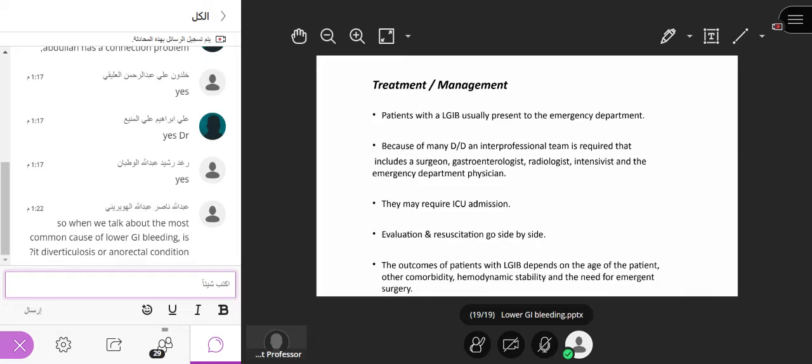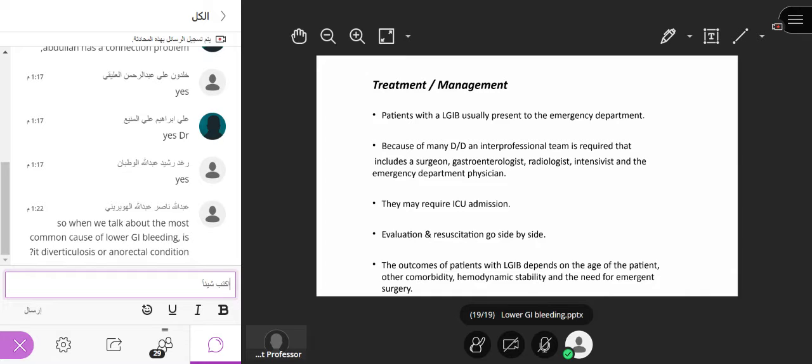The outcome of the patient with lower GI bleeding depends on the age of the patient. With advanced age, the prognosis is bad. Other factors are comorbidities, which usually come with advanced age, hemodynamic instability, and the need for emergent surgery. So the outcome of the patient depends on whether the patient is of advanced age, has comorbidity, or has hemodynamic instability and requires emergency surgery.